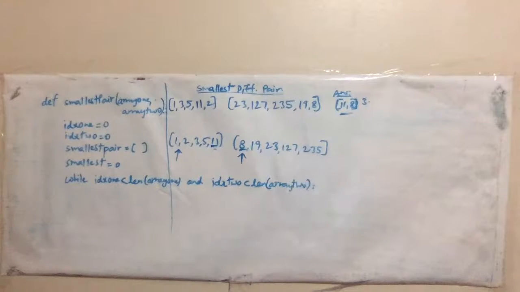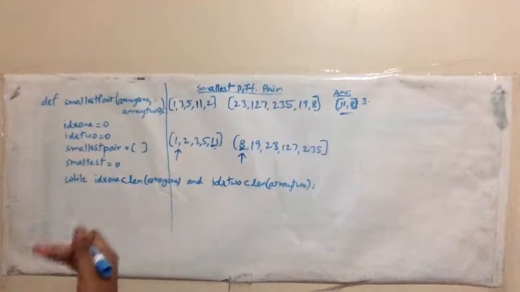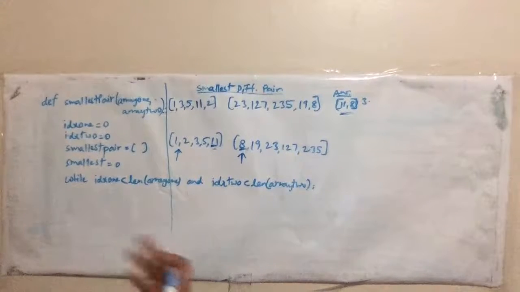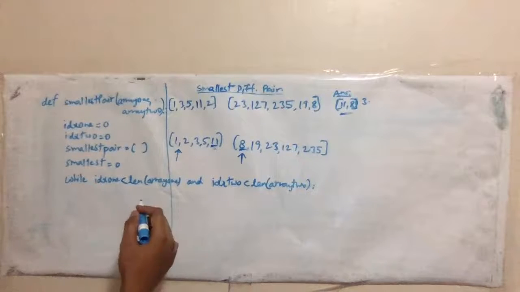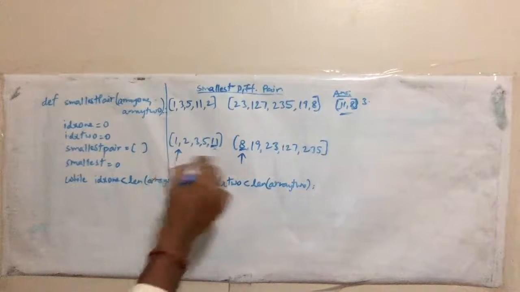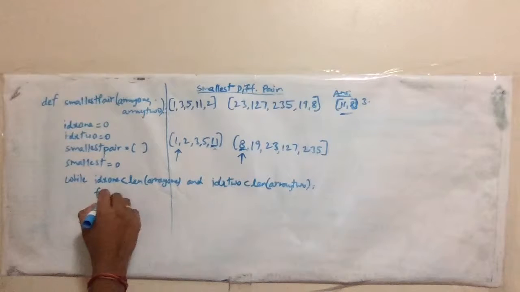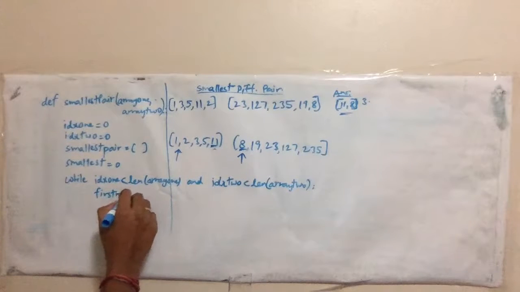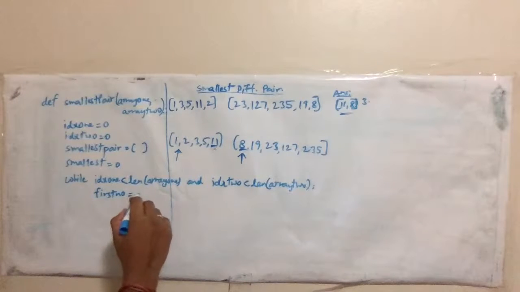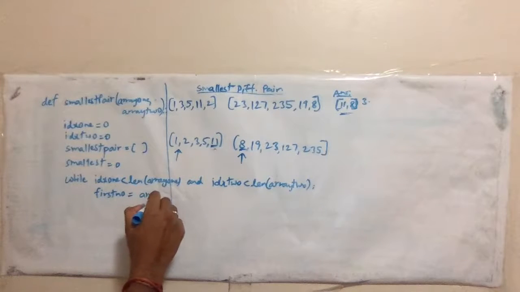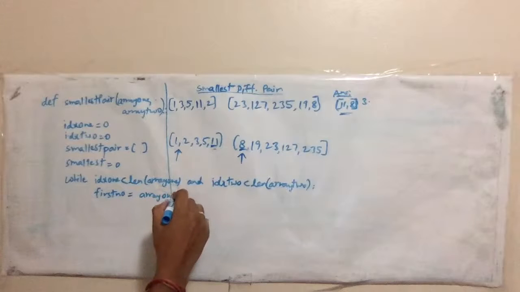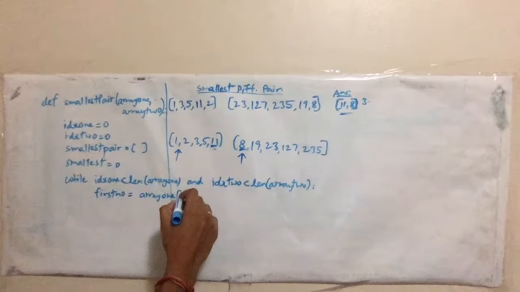So this is the while loop. Initially, what we can check here is the first element. I will create a variable first number, which is array1 with index idx1.